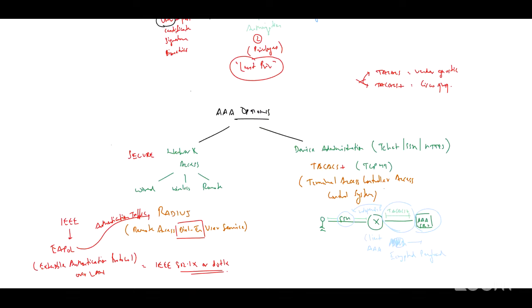So IEEE 802.1x is what you use to implement secure network access, which in turn makes use of Radius.